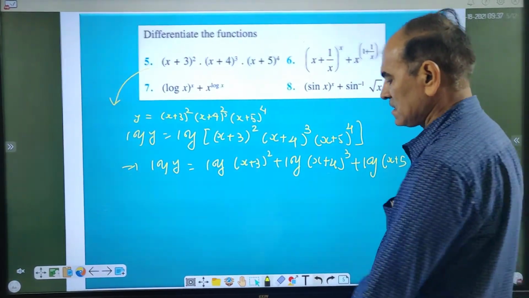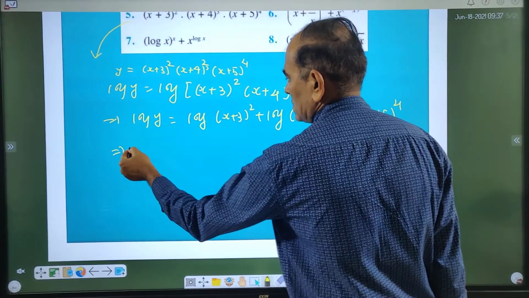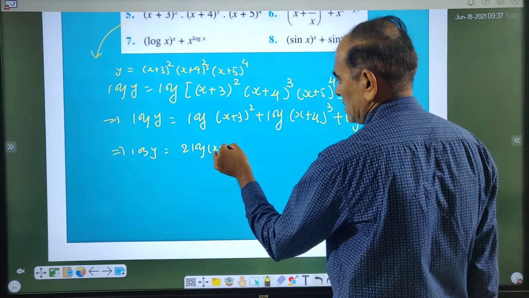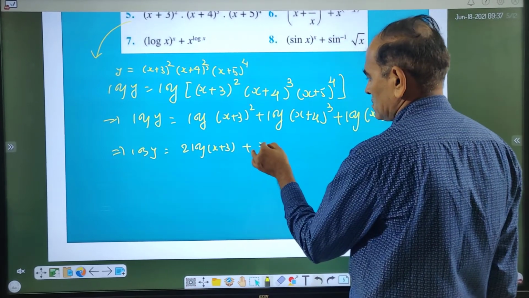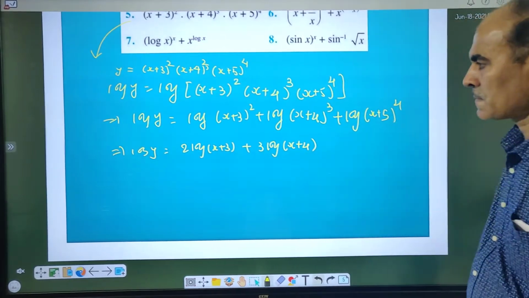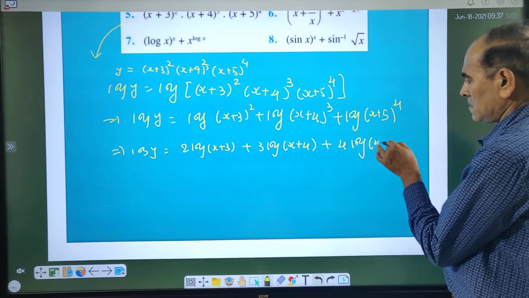So once again we need to apply rules. This implies log y is equal to 2 log (x plus 3) plus 3 log (x plus 4) plus 4 log (x plus 5).